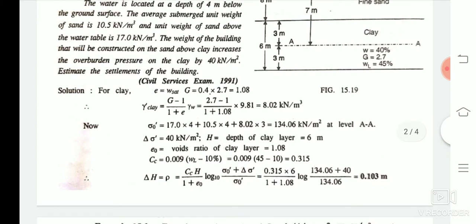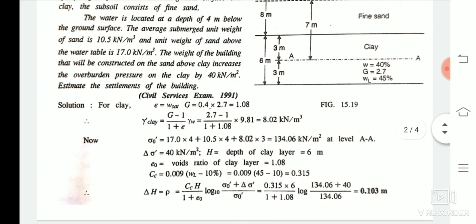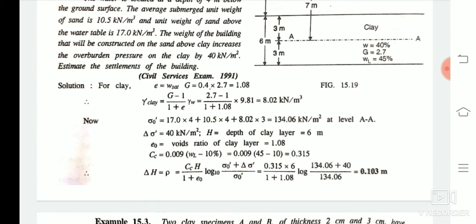Again, we need to find out the unit weight, the submerged unit weight of the clay soil, because for sand it is provided, but we have not got the value of the unit weight for clay. As the clay layer is under the water table, we must consider that it is in a submerged condition, and as per soil mechanics 1, we have already learned that the submerged unit weight of the soil, gamma sub, is given as (G minus 1) into gamma w by (1 plus e).